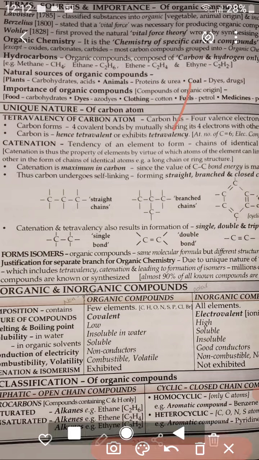Like here you can see, it has the property of catenation, so there can be the formation of widely discussed compounds like this. See, it is forming the straight chains, and here it is forming the branched chain. This is a straight chain, it is going straight, but branched is when a branch is produced in this straight line, like this, and like this over here as well.